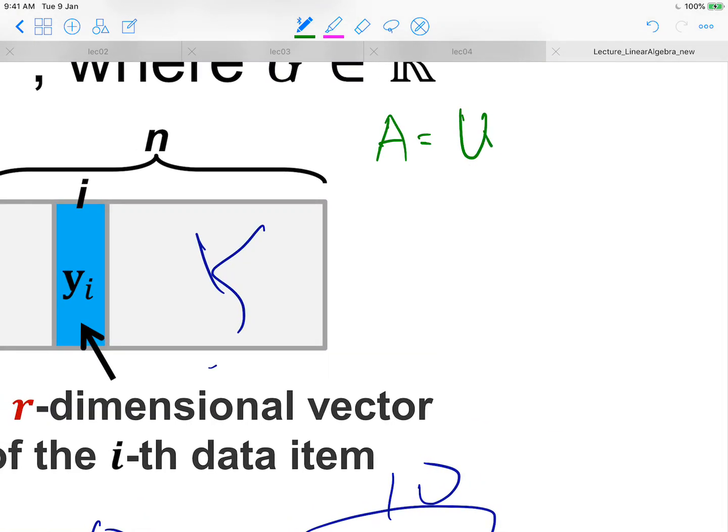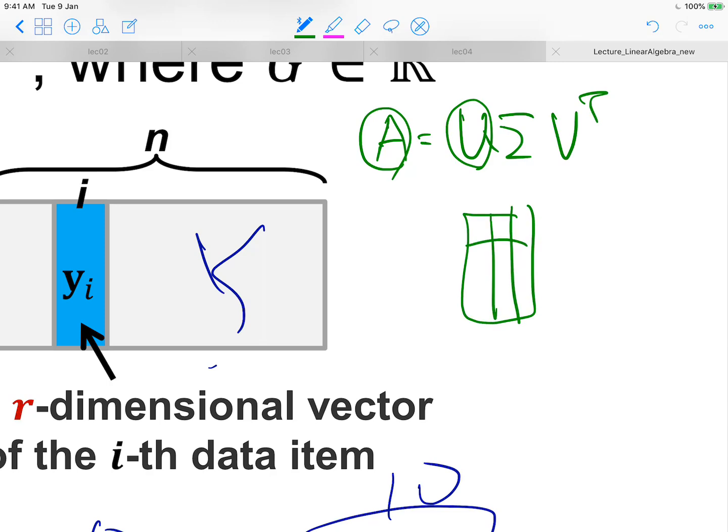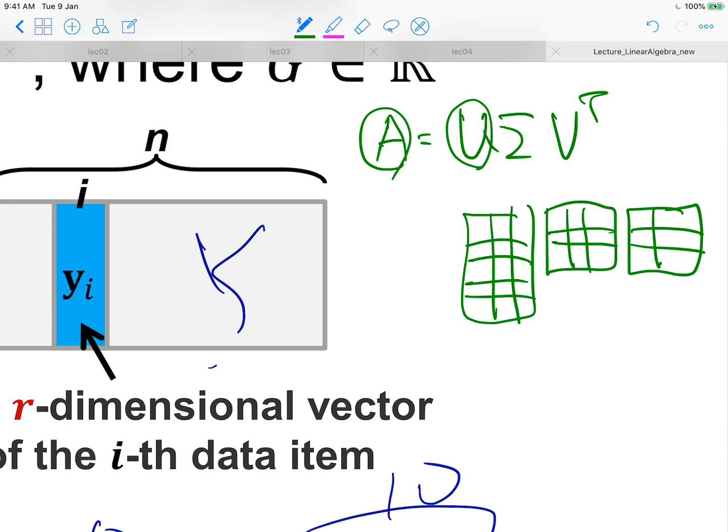Okay, and if A was U sigma V transpose, and then when reducing the dimensionality of A into, for example, K, let's think of this reduced form. Let's try to reduce the dimension into 2.